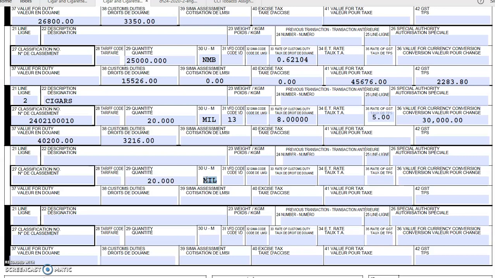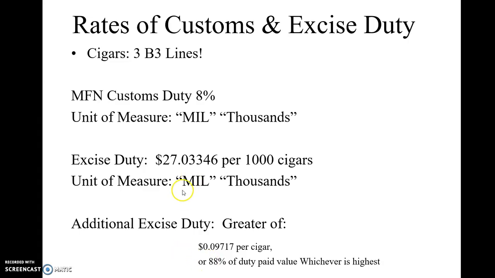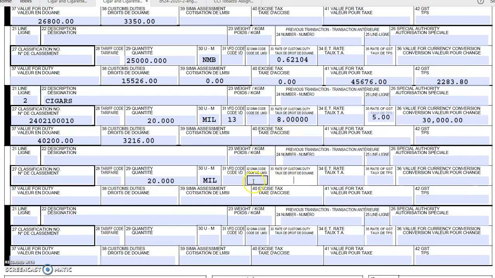It's 20,000 cigars because the excise duty rate is $27.03346 per 1,000 cigars. So we put in the $27.03346 per 1,000 cigars.